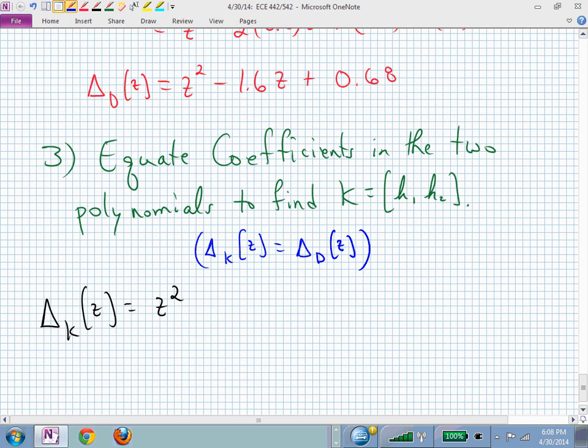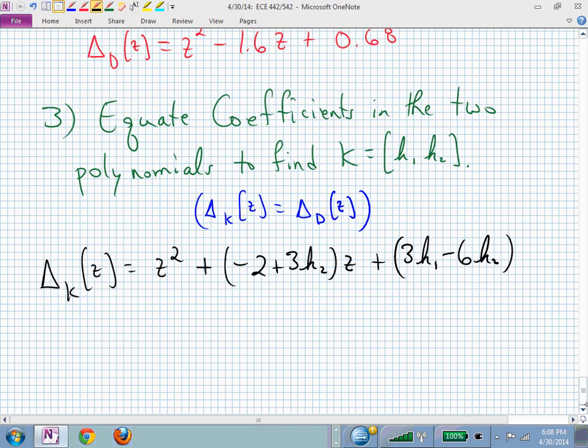The delta sub k of z equals the delta sub d of z. And from what we had, z squared plus minus 2 plus 3 k sub 2 z plus 3 k sub 1 minus 6 k sub 2. I hope that's what we had for delta sub k of z from before. And we need that to equal z squared minus 1.6z plus 0.68.